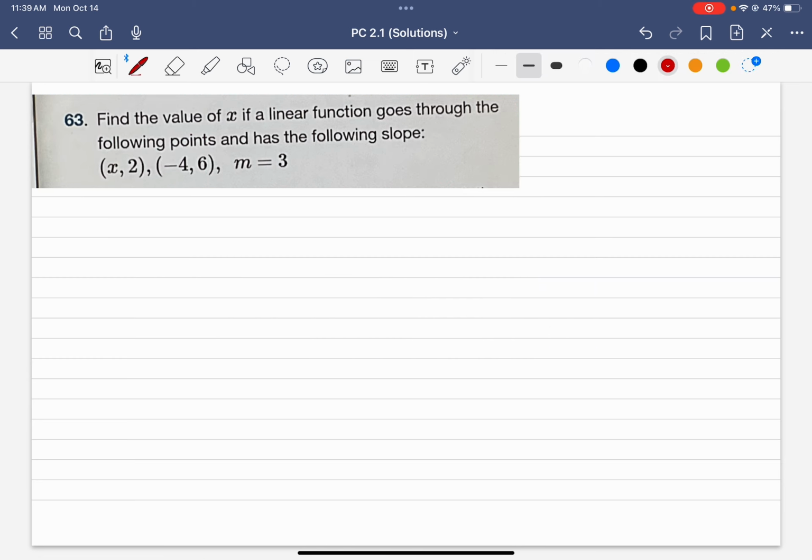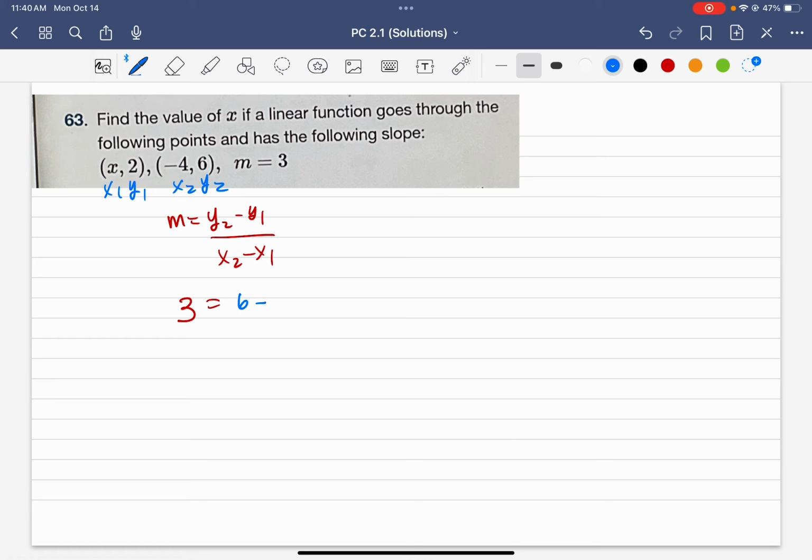So I want to have the slope of 3. Well, this is equal to y2 minus y1 over x2 minus x1, right? If my slope is equal to 3, I'm going to say that these are 2 points. So I'm going to call this my x1, y1, and my x2, y2, and I can simply plug them in.